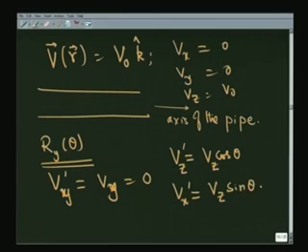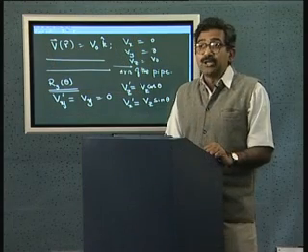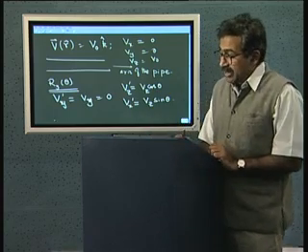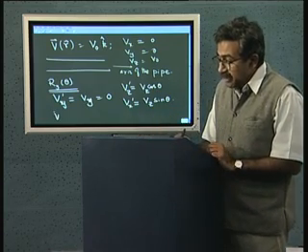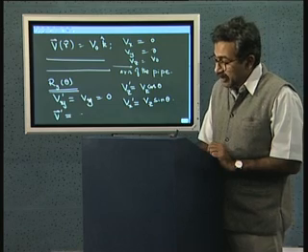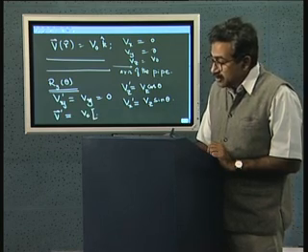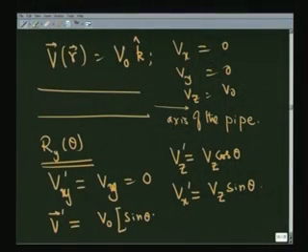These are the new components. If I were to now write down my vector in the new coordinate system, and Vz is identically equal to V naught, my V prime is simply given by V naught times sin theta i hat plus cos theta k hat. That is what we did.